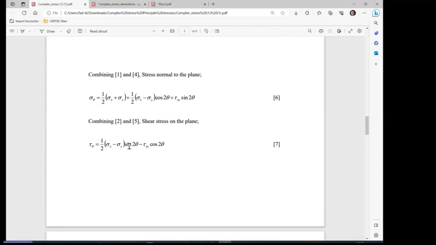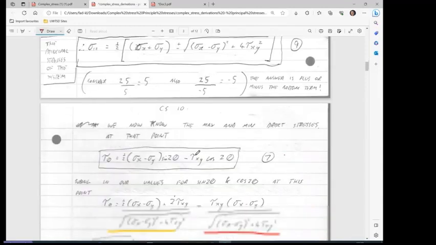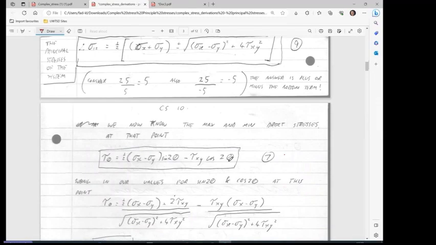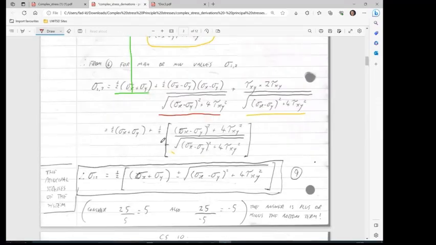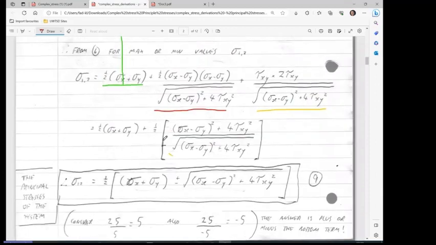We've got sine 2 theta in there and cos 2 theta in there, so we're just going to plug in those values for sine 2 theta and cos 2 theta, which we calculated on our principal planes, and that will tell us what our shear stress is on our principal plane. So let's do that. There's that equation, and then we're going to plug in. Try and zoom out a little bit.